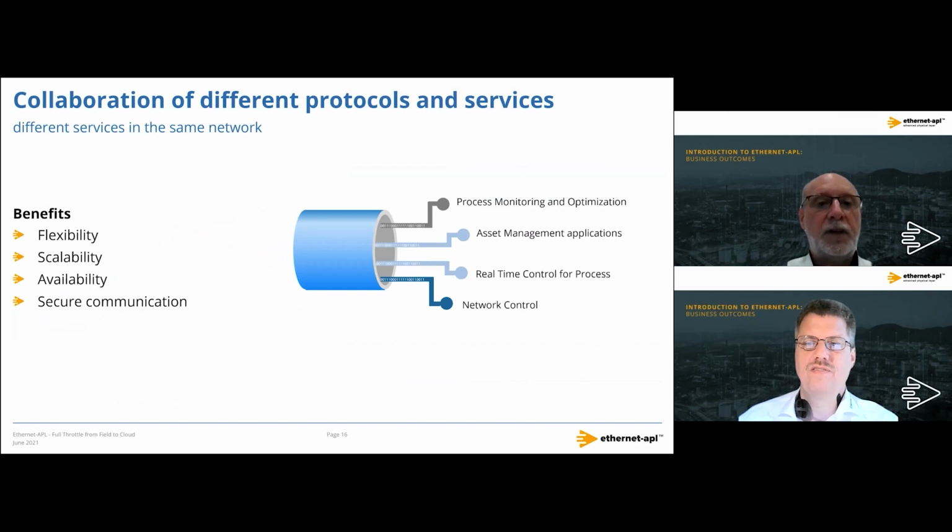So that means we have one network technology where all these application protocols can run in parallel. The benefit for us is to give more flexibility and scalability. We can ensure the availability by redundancy concepts, and sure, security is also a topic, and with such a solution, secure communication can be ensured.